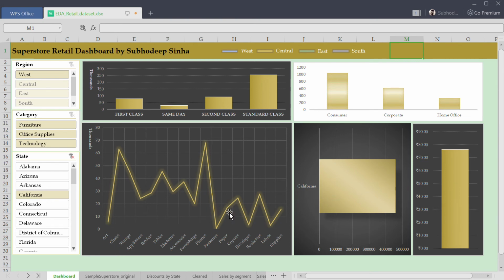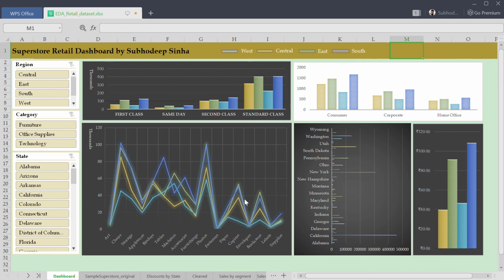So these are some products which are very popular among the customers. And in California, we see standard class is the most opted delivery option. In California, we see consumers are much higher, followed by corporate, and home office being the least.